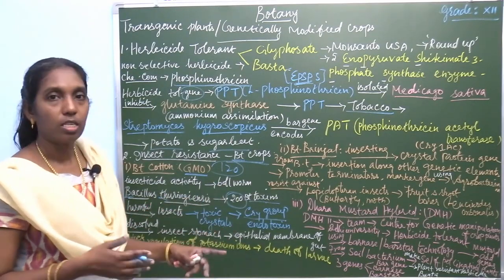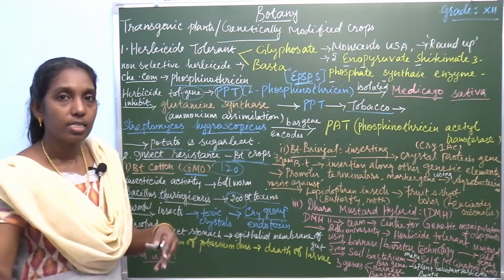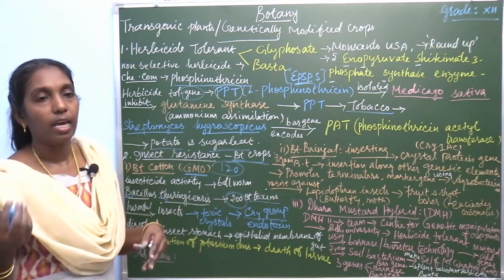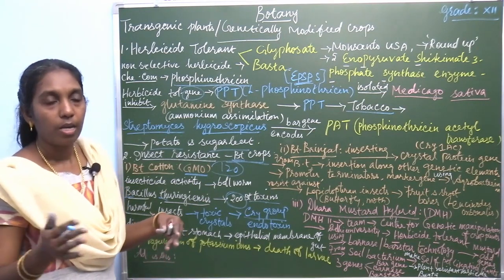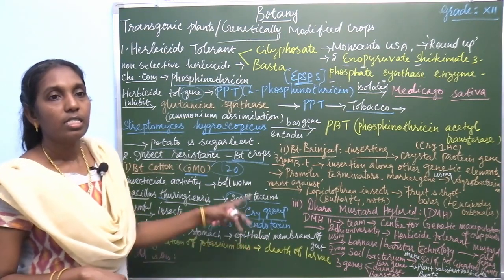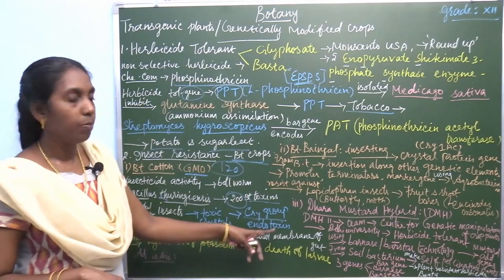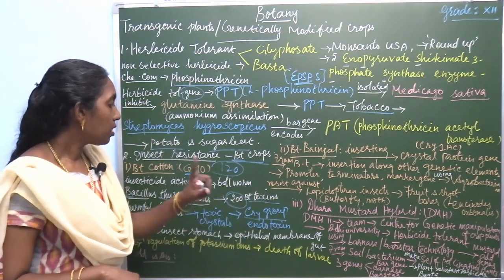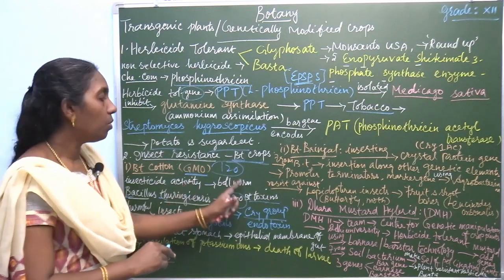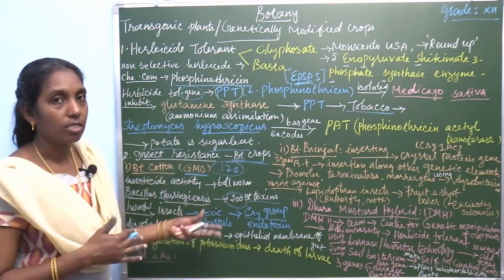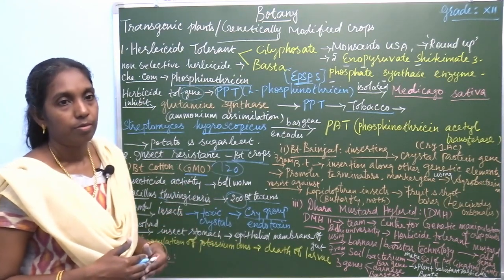This delta toxin is not harmful to pests like aphids and white flies. So it is ineffective against sucking pests. It is effective only against the bollworm. Other insects are not affected.